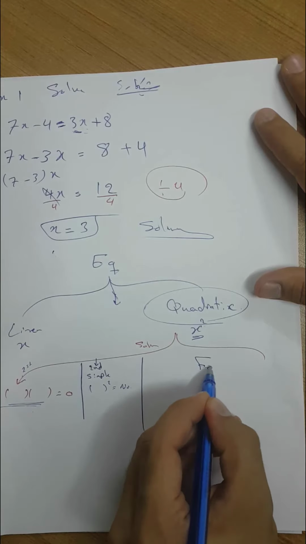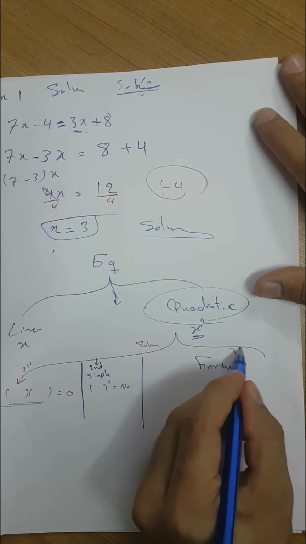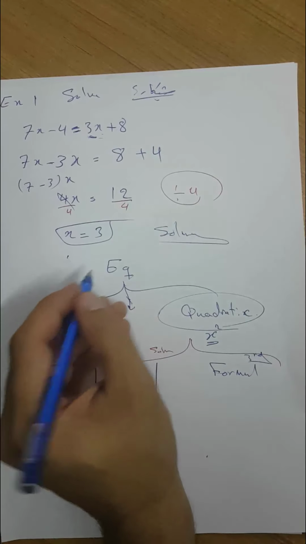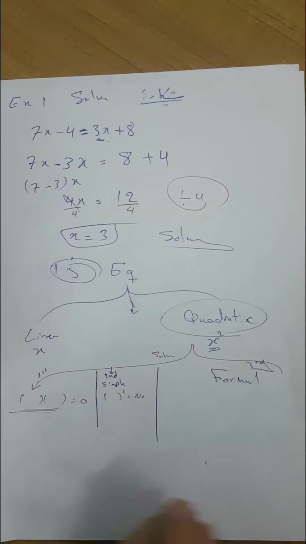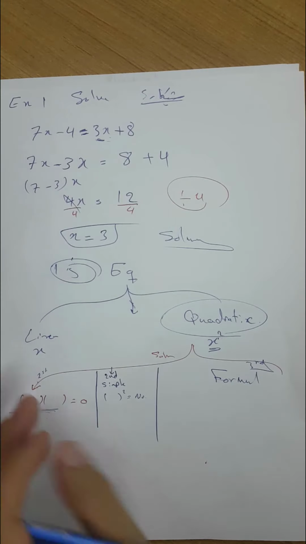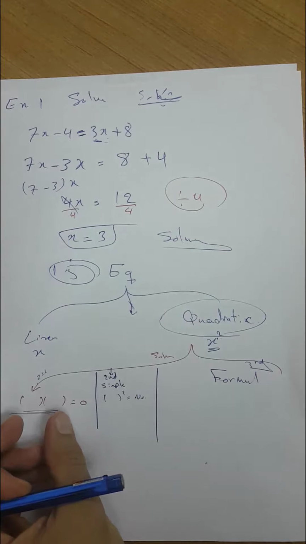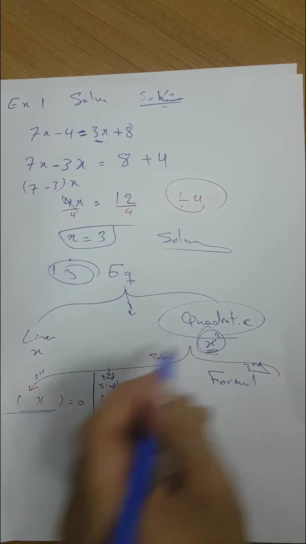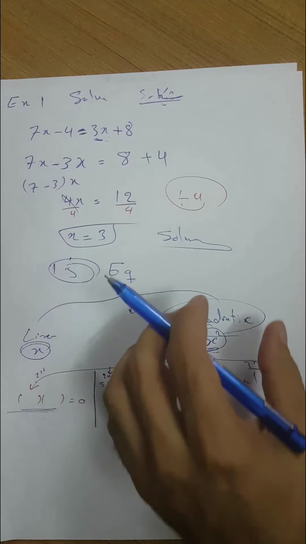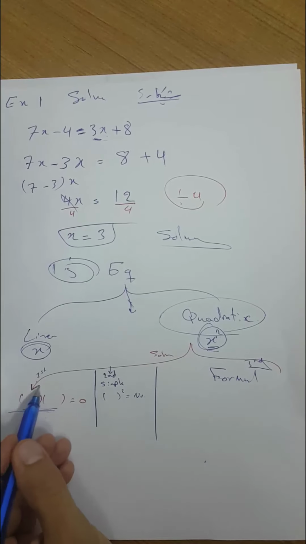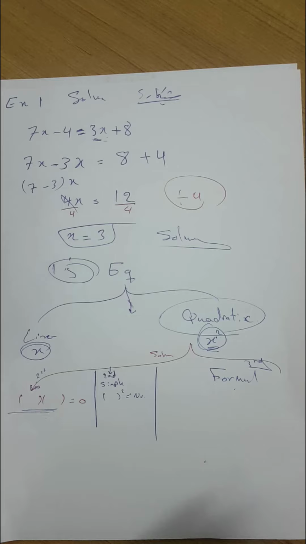By formula. That's all. So this is a summary of 1.5. If you have an equation, maybe linear, it's easy, maybe quadratic. Quadratic means x squared, linear means x to the power 1. So try to use one of these three methods. Maybe I say use this one, or that one, or that one. You can solve it easier.